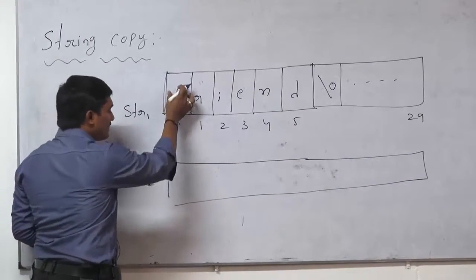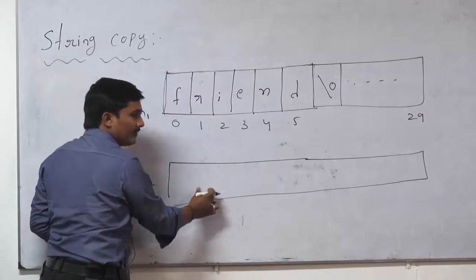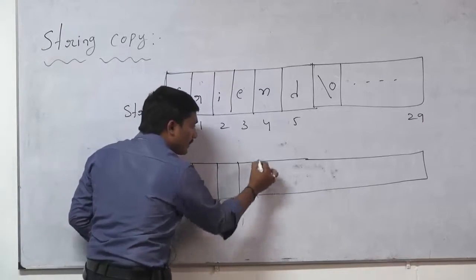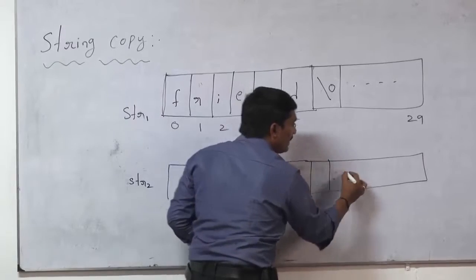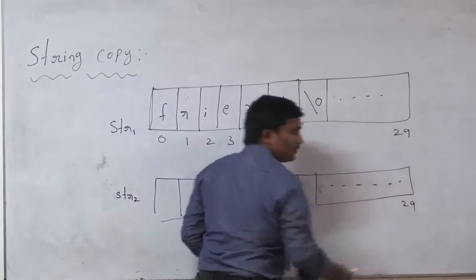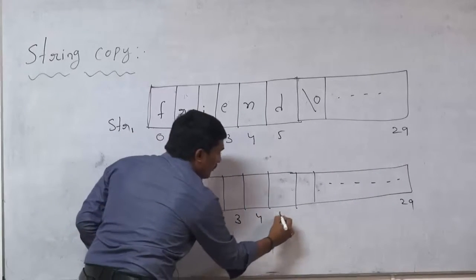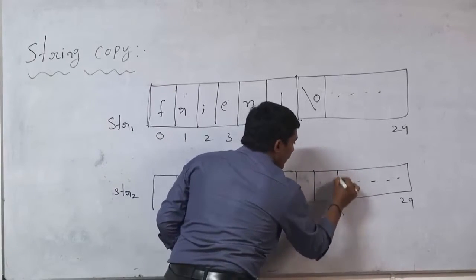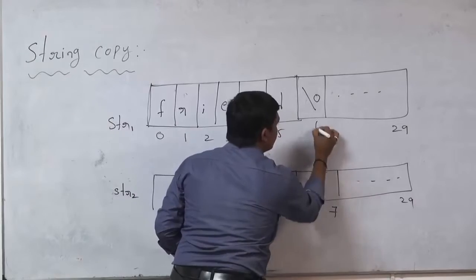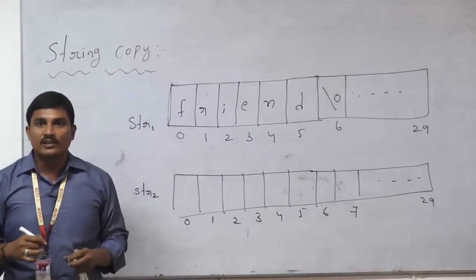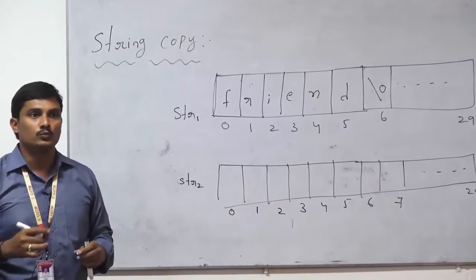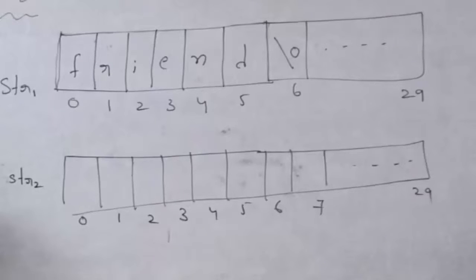Copying means F is copied to the 0 location, R is copied to the first location, like that, up to 7. My question is, I am interested to copy this string to this string. Do you have any logic?